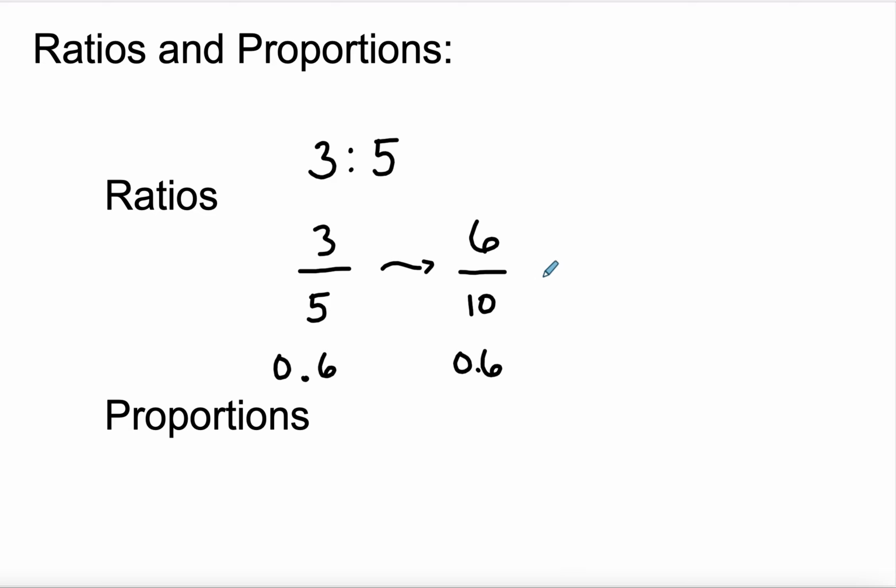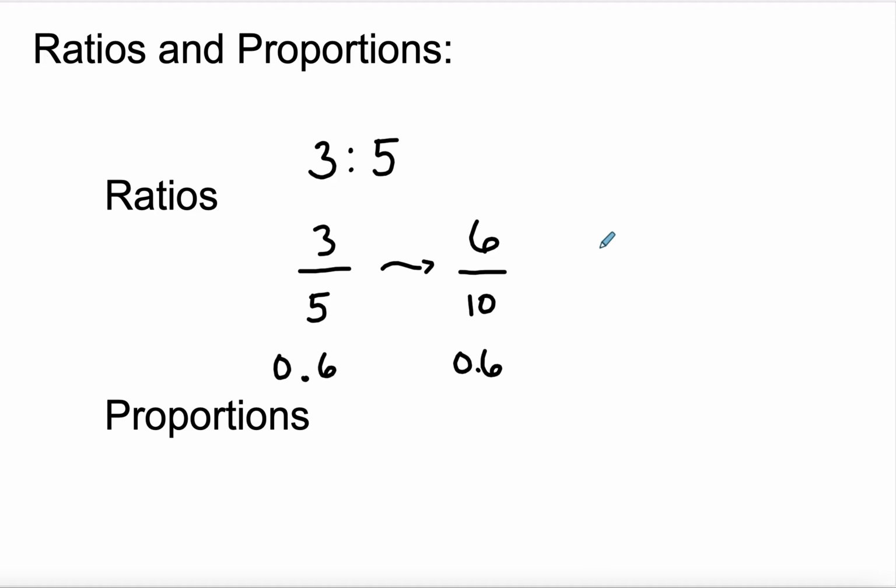So, where we have 3 cars and 5 passengers, now there are 6 cars for every 10 passengers. The ratio is the same. The value is the same for every 6 cars, 10 passengers, but the quantity has changed.